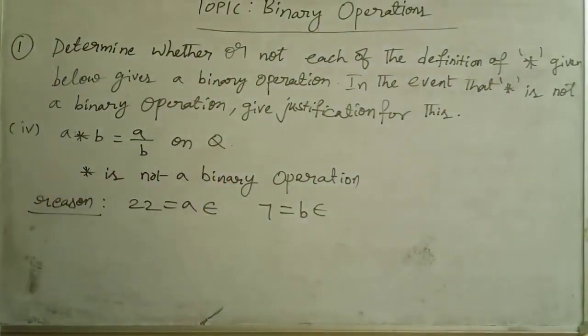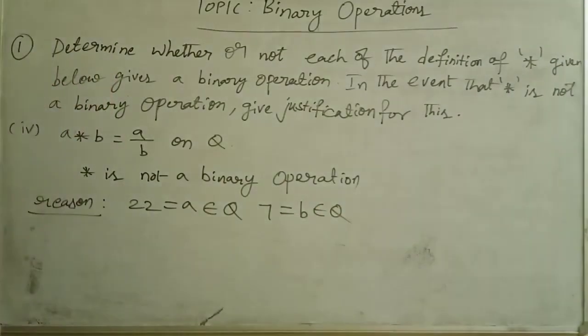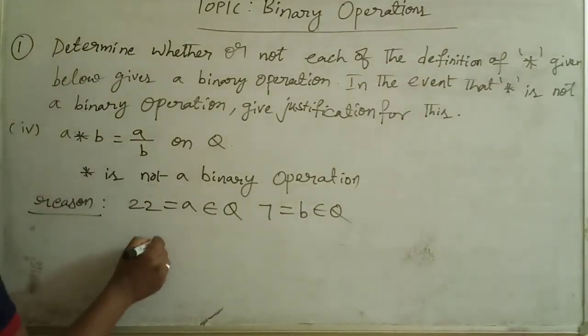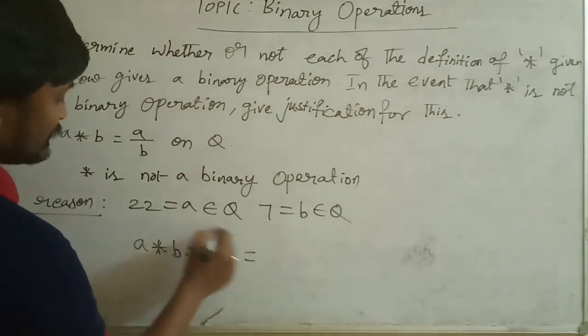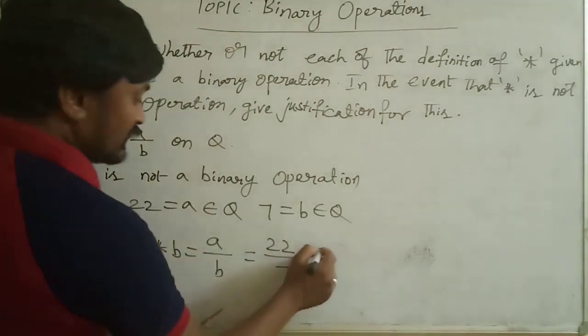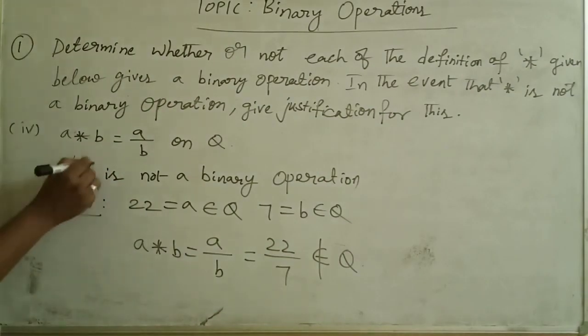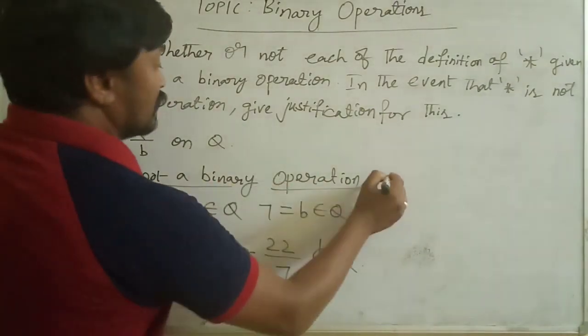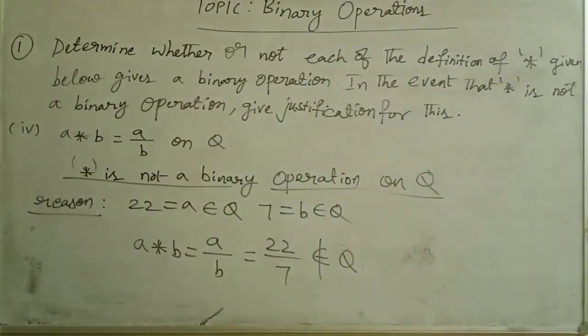Q means rational numbers. So this belongs to Q, and this also belongs to Q. So now what can I do here? A star B is equal to A upon B. So A upon B means A is 22, B is 7, 22 upon 7 does not belong to Q. So therefore star is not a binary operation on Q. So this is about your fourth question.